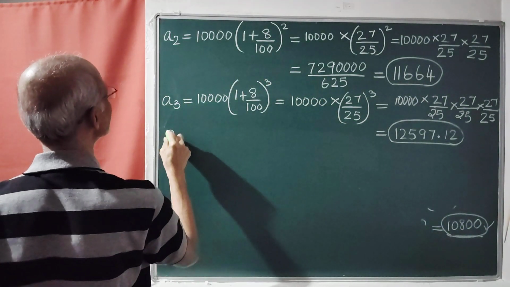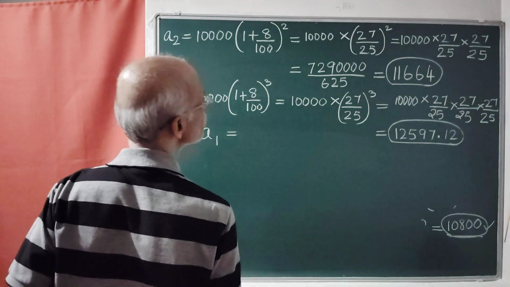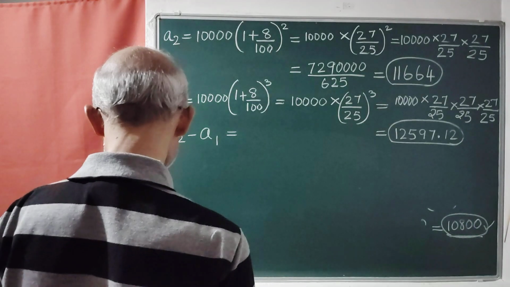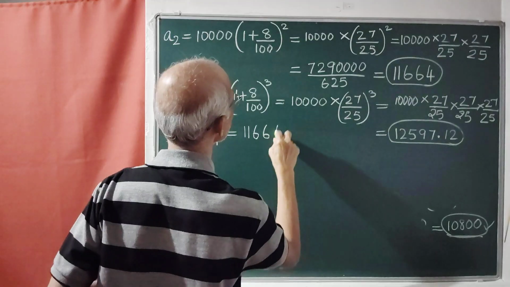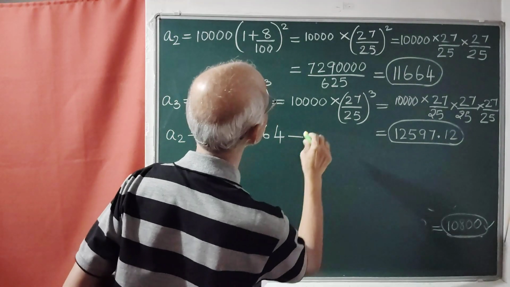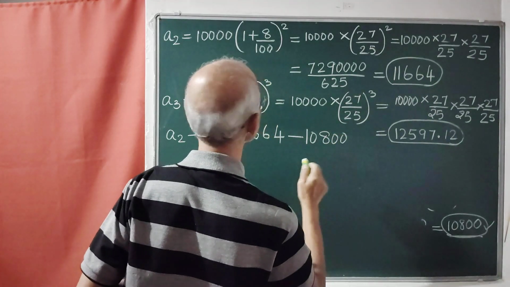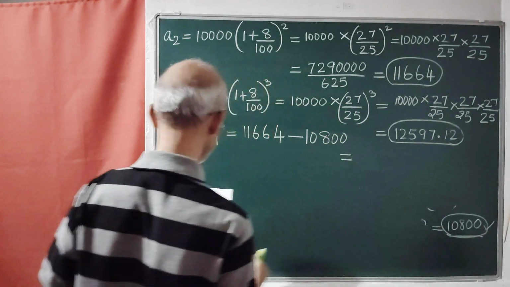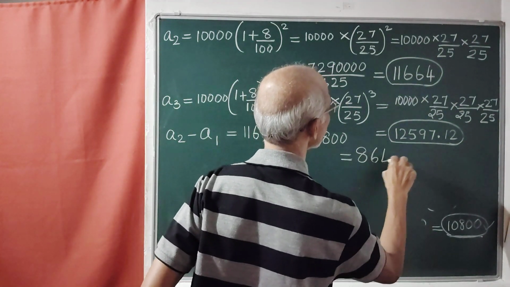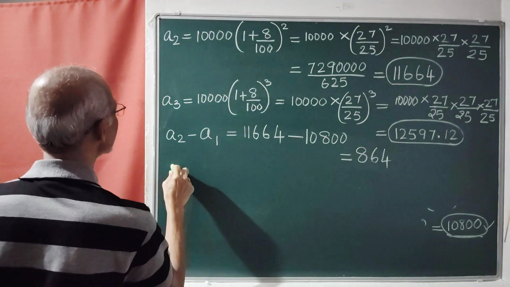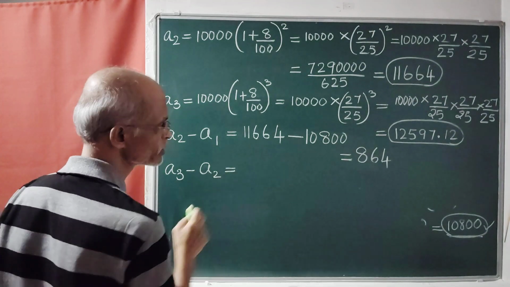So A2 minus A1. What is A2? A2 is 11664 minus A1 is 10800. So what we get? We get 864. Now we will see A3 minus A2. What is A3?